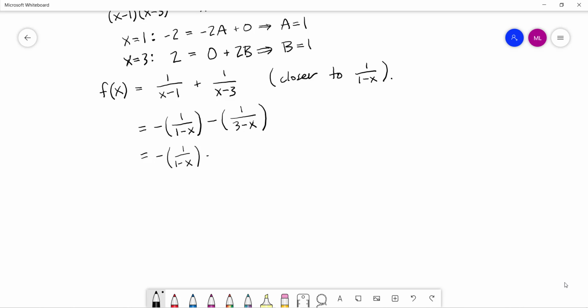And for the second term, I want to turn this 3 into a 1, which means I need to basically divide this whole thing by 3. And I need to do the same thing top and bottom. So basically I'm going to multiply top and bottom by a third. I'll wind up with a third on top, and on the bottom, I'll have a third times 3 minus x.